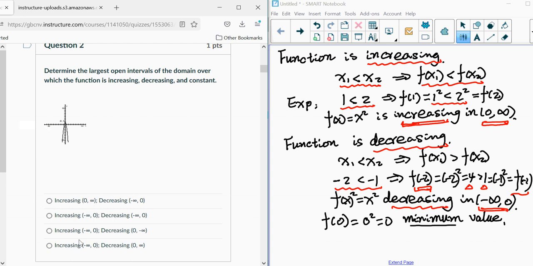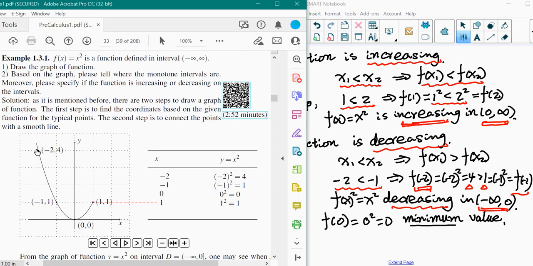Then among all those three, which one is correct? Then you want to see from 0 to infinity, it goes down like this. Like previously, you see, goes down in this way is decreasing from left to right. This trend decreasing. This trend increasing.